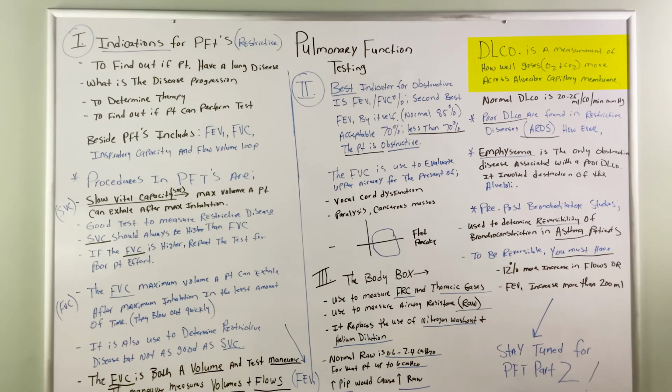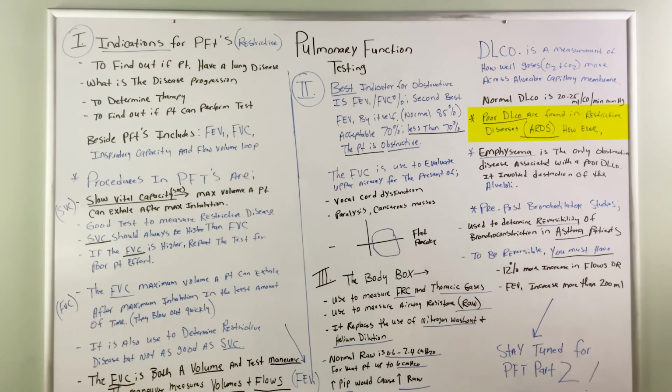DLCO. For some reason, we always overlook the DLCO, but it's on the exam, and I'll show you what's on the exam. The DLCO is a measurement of how well gases, your O2 and CO2, move across the alveolar capillary membrane. A normal DLCO is 20 to 25. A poor DLCO is found in restrictive diseases.